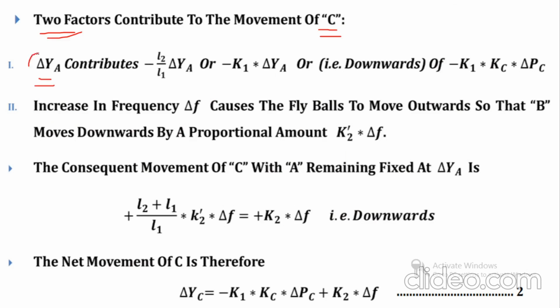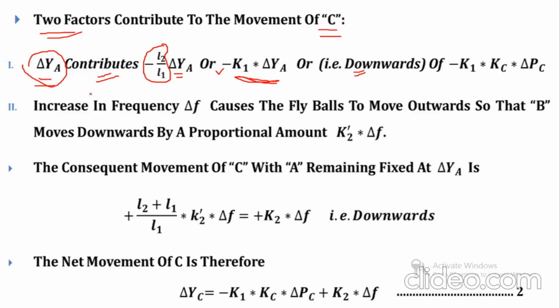So delta YA contributes through the proportionality L2 by L1 multiplied by delta YA. If we take L2 by L1 as a constant, that is equivalent to minus K1 into delta YA. The minus sign is considered because the movement is downward.